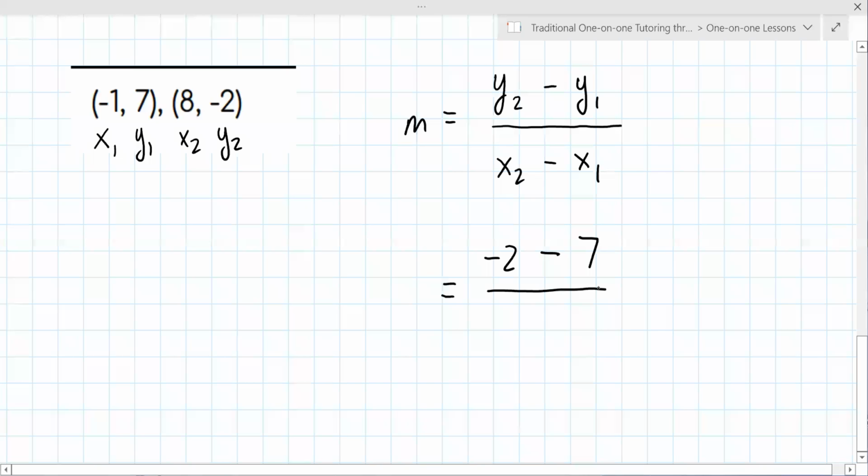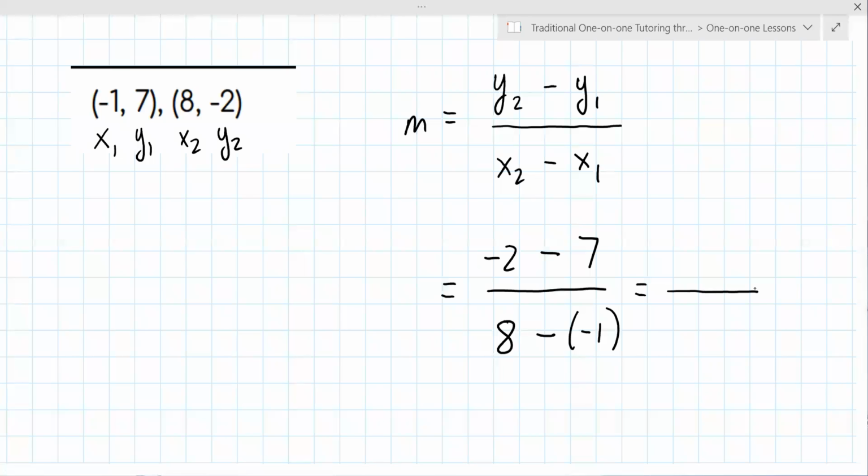Over, what's x2? It's 8. Minus, what is the value of x1? Negative 1. Now, you're going to notice that I'm putting it in parentheses. Whenever I substitute for a negative value, I always put it in parentheses, and there's a reason for that. It helps for dealing with the signs. But let's take a look at the numerator. What is -2 minus 7?